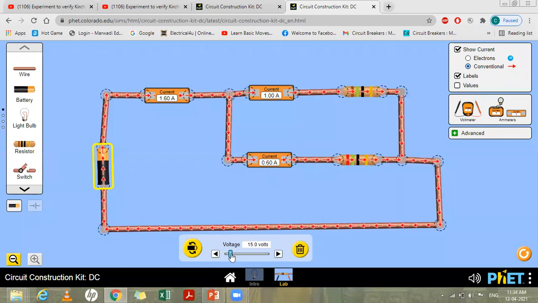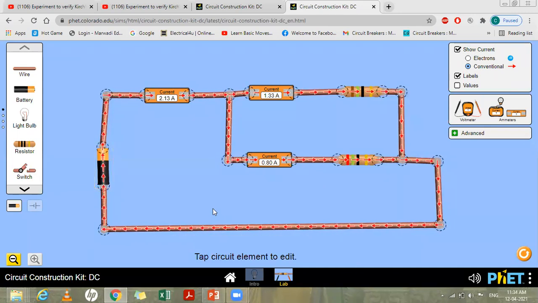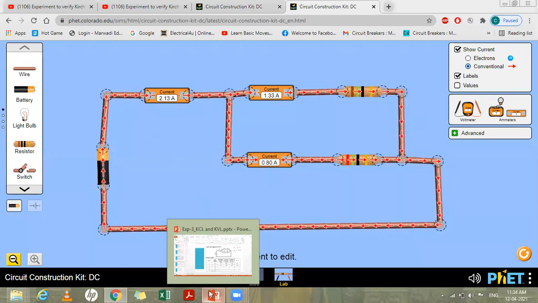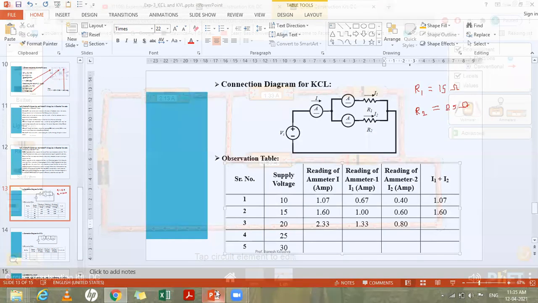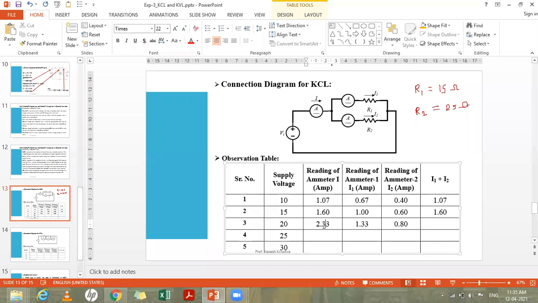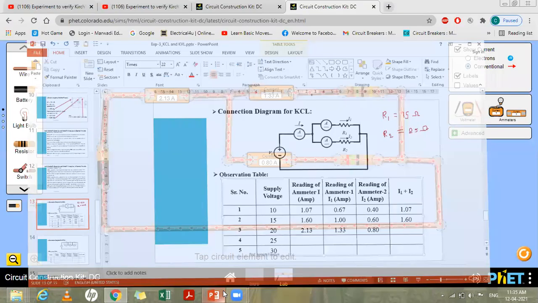We'll increase from 15 to 20. It is 2.13, 1.33 and 0.80.